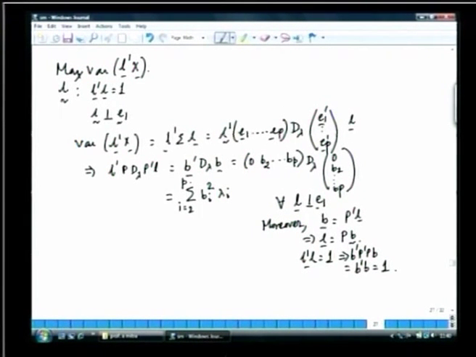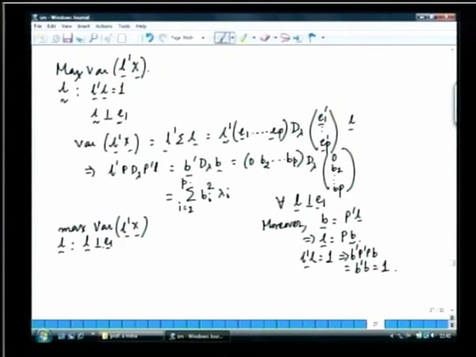So, I have to consider the maximum of this expression, summation b_i square lambda i, such that summation b_i square is equal to 1. Okay. So, this implies that I have maximum of variance of L prime x, maximum over L such that L is orthogonal to E1.